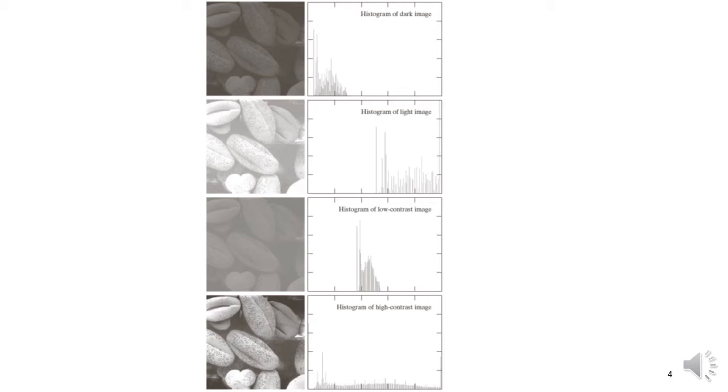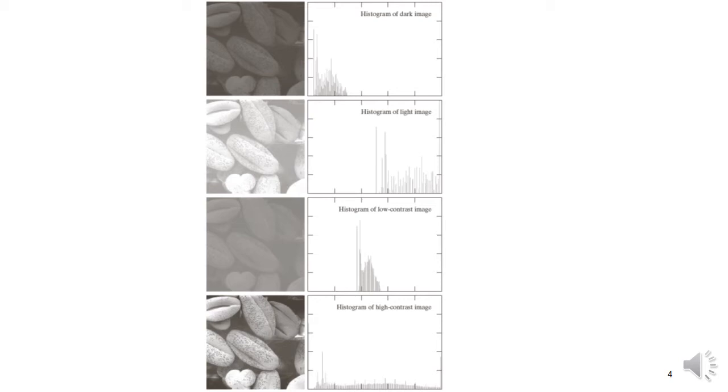On the histogram of this image you can see that all histogram bars are skewed towards the left side, because on the left side we have the origin, and as we move towards the right side along the x-axis, the intensity value increases.